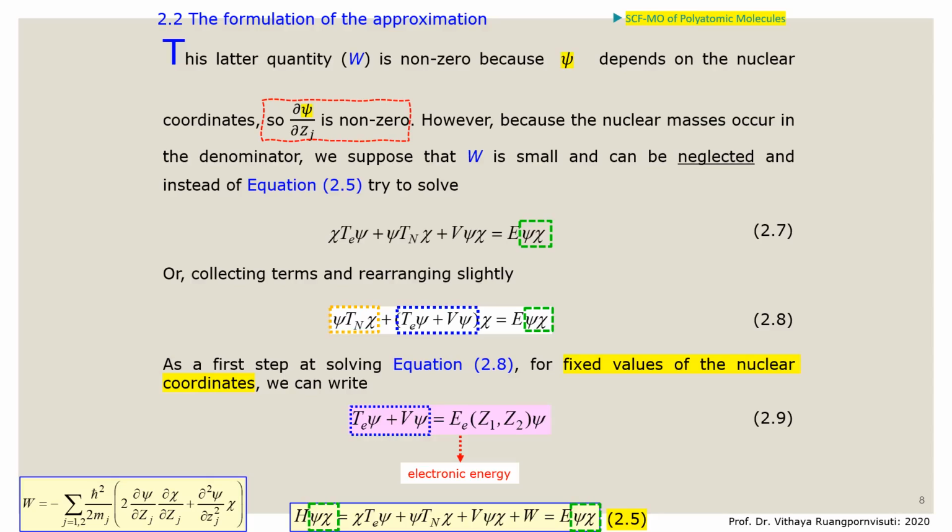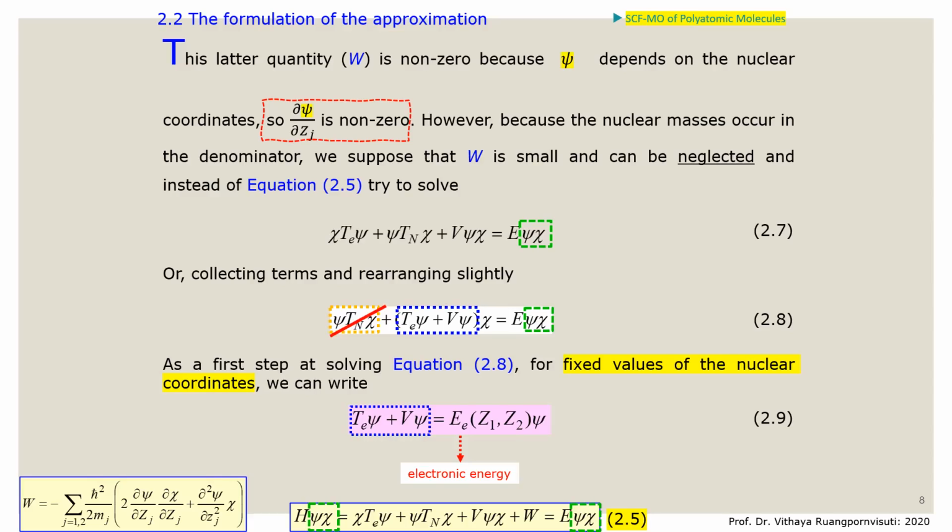2.7. If we rearrange equation 2.7, we will get equation 2.8. The first term, the most left term, vanishes when the nuclear coordinates are fixed.